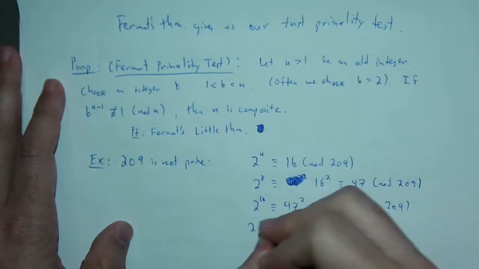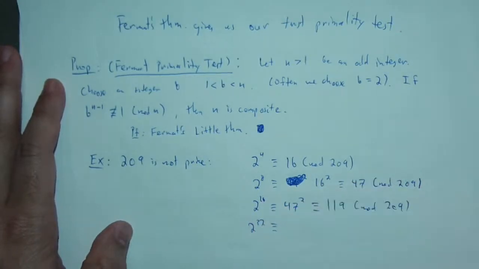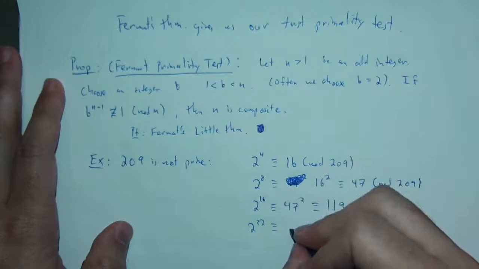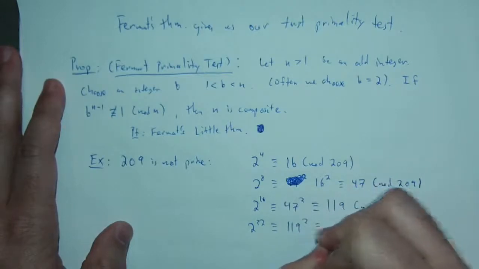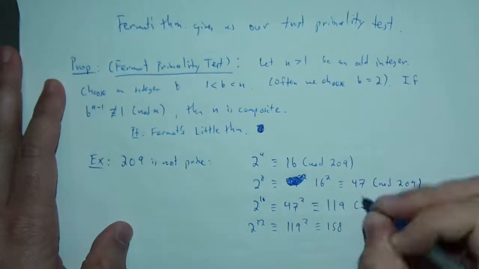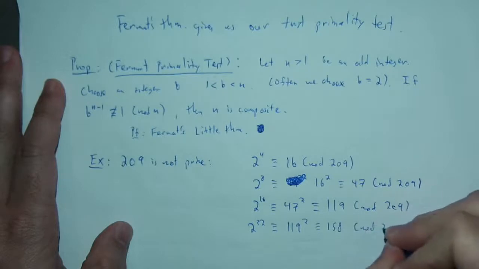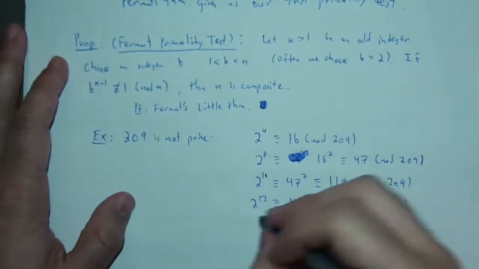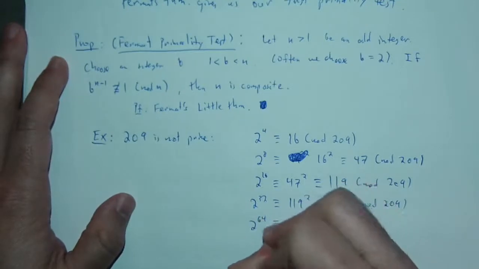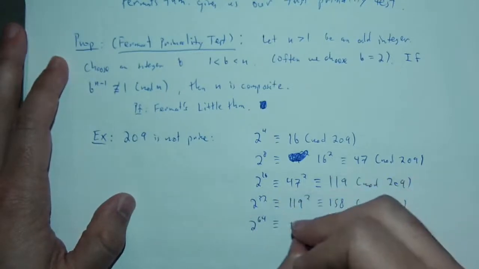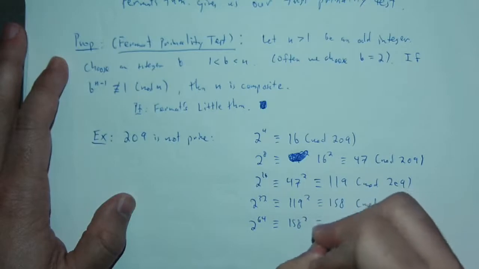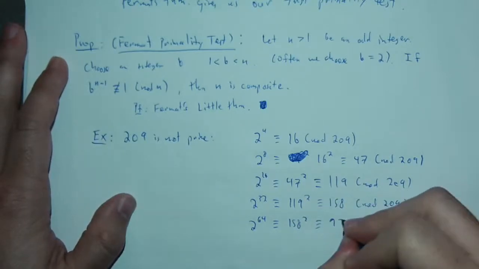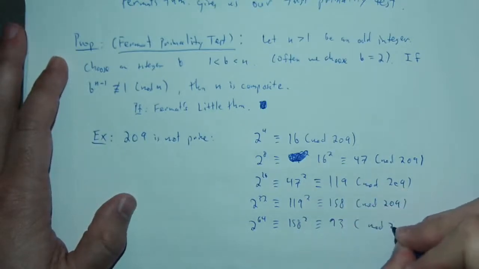And squaring that, so 2 to the 32nd is 119 squared, which it turns out is 158 mod 209. And 2 to the 64 is 158 squared, which is 93 mod 209.